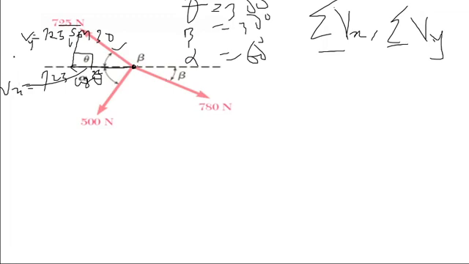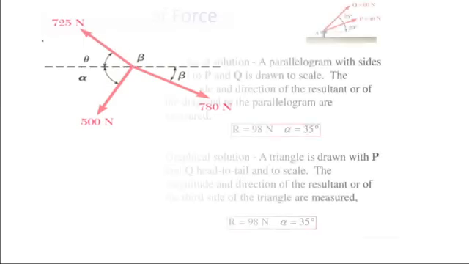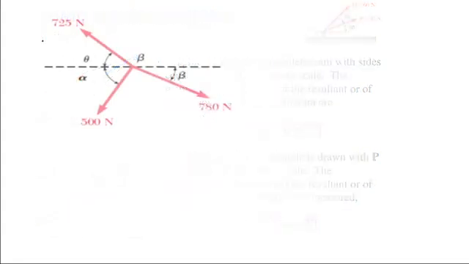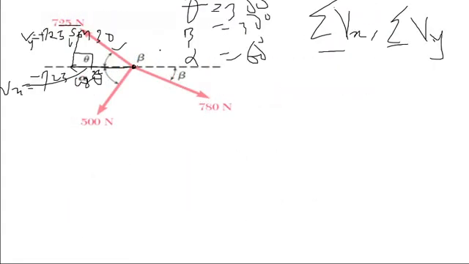In this case, this horizontal component is negative, while the vertical component is positive. You must put appropriate sign so that you won't make any mistake. By the time you find your resultant, you will get where the resultant is located by looking at the sign of the y component as well as the sign of the x component.